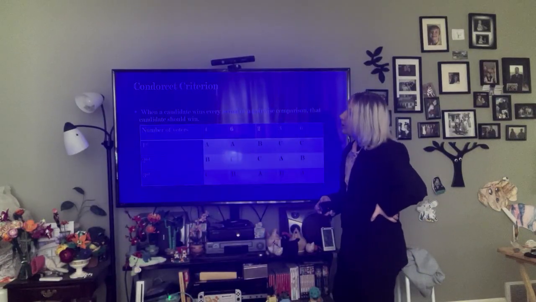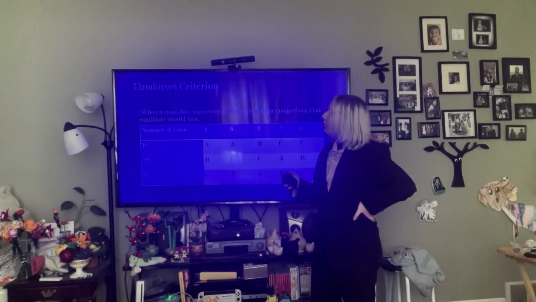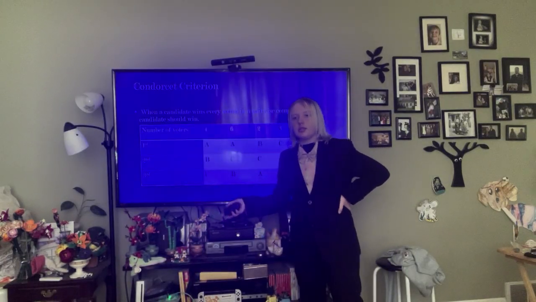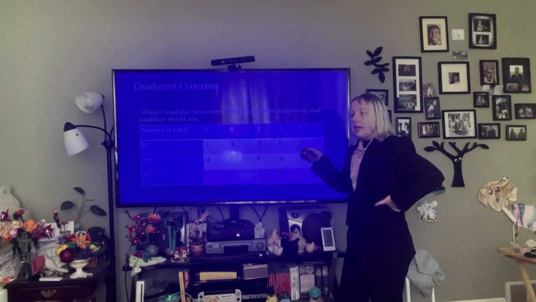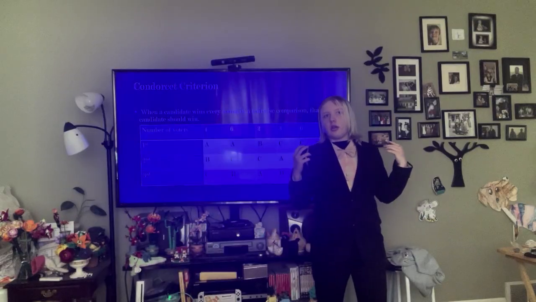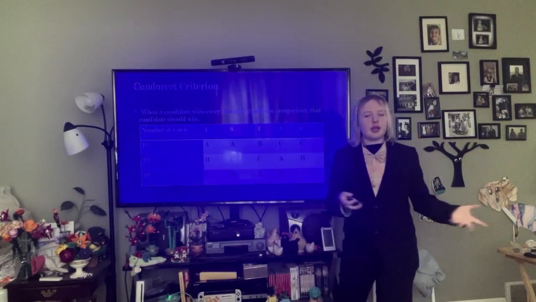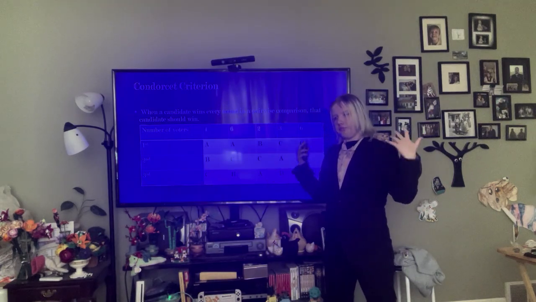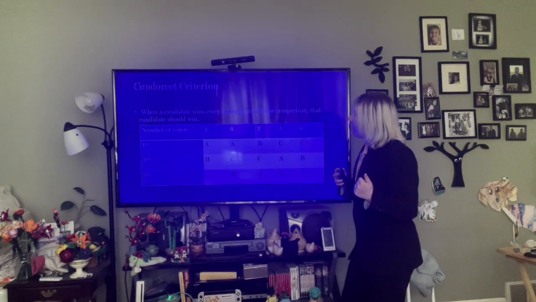Next is the Condorcet criterion. That is when a candidate wins every round in a pairwise competition. They should win. So if they have a bunch of one-on-ones and win every time, they should win. Would make sense.